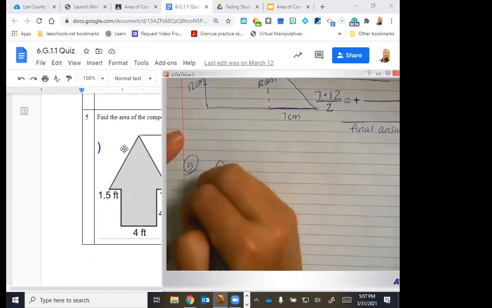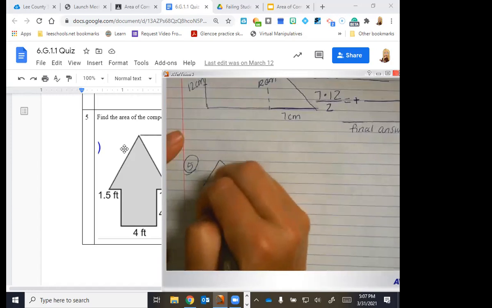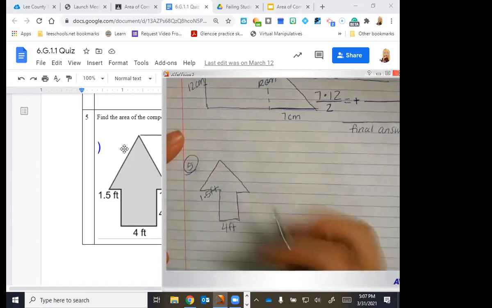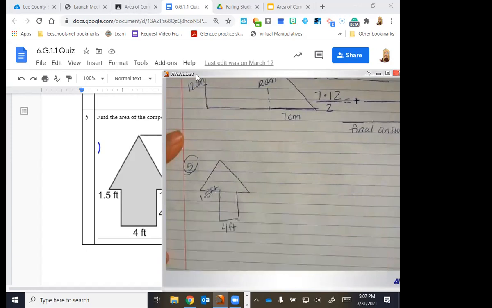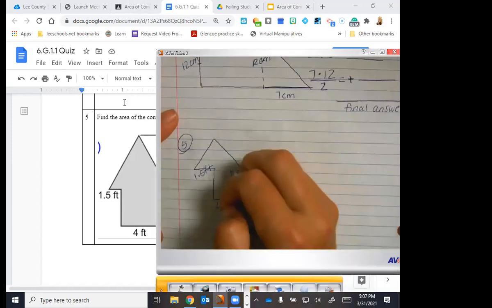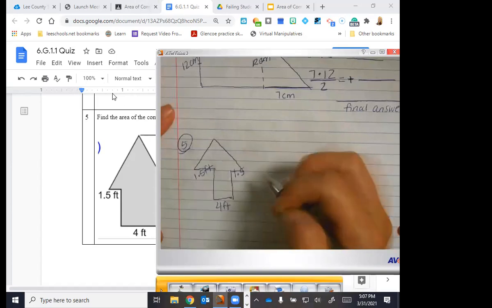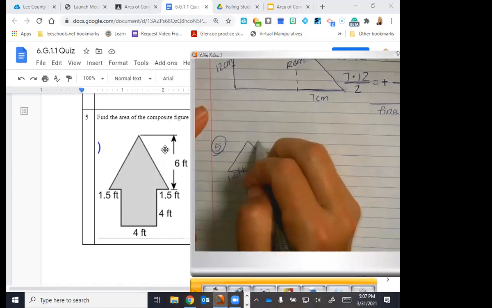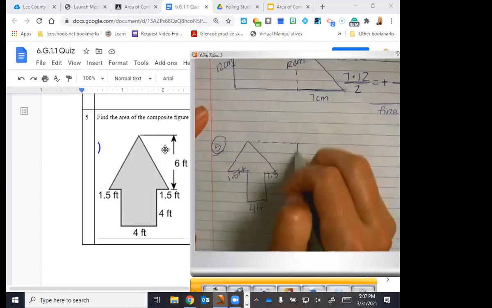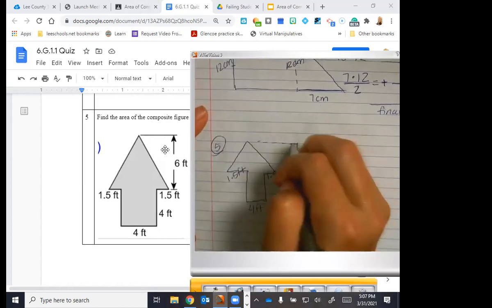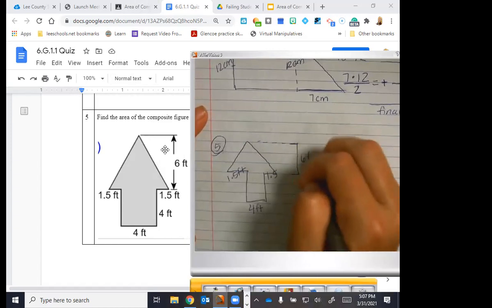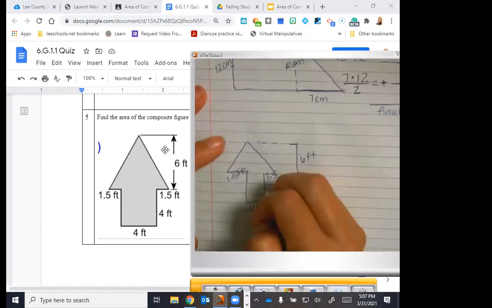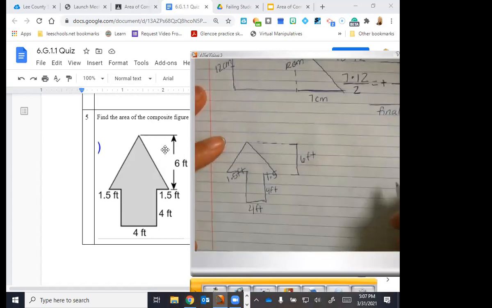So we have 1.5 feet here, 4 feet here, 1.5 feet here. And then I believe it tells me, yep, from the top of the arrow to this part is 6 feet. So when I look at this, and 4 feet right here, I see 2 shapes.